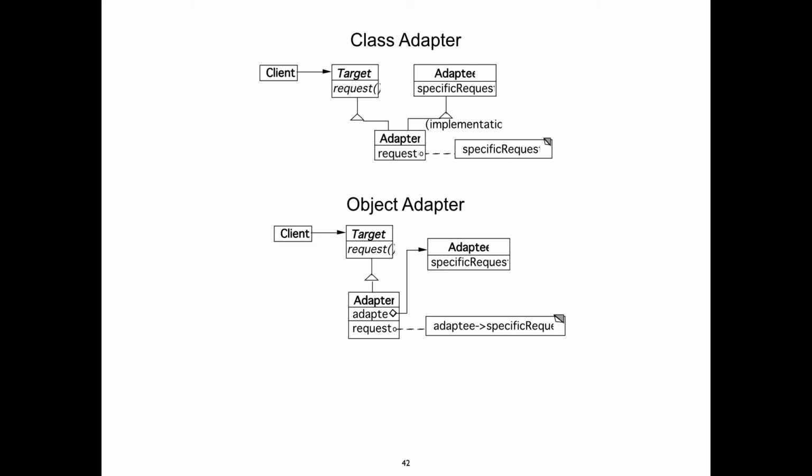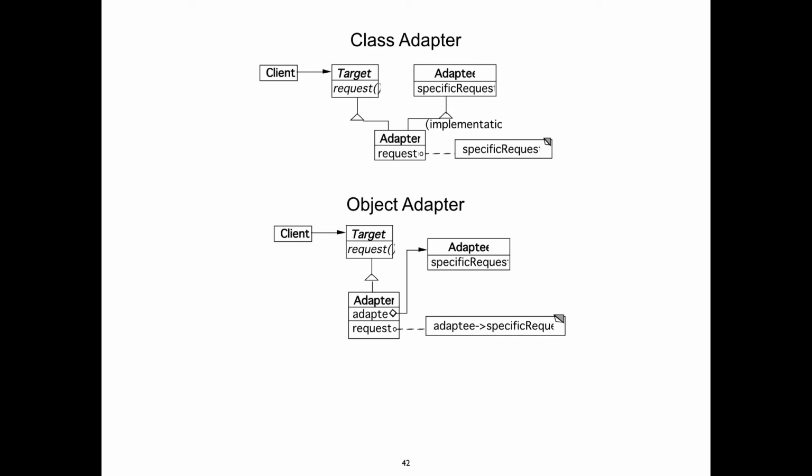In languages that have multiple inheritance, which is pretty much C++, you can do it with a class adapter. You've got basically two interfaces you want to merge together, and so you can subclass both, implement both of the methods, and then map it.